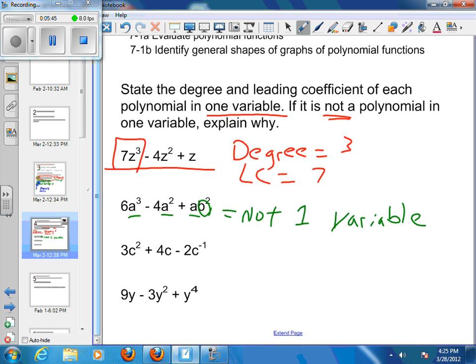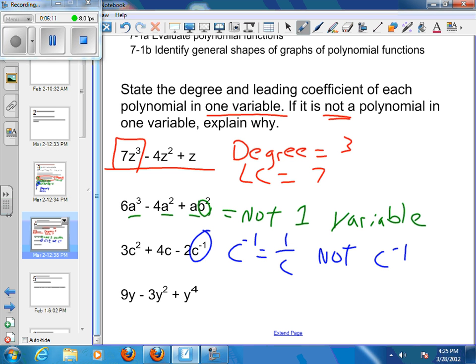And so we look at this and we go c squared, c to the first, c to the negative first. And c to the negative first, if you remember, is the same thing as 1 over c. It's not considered to be a polynomial in one variable anymore because we have c to the negative.